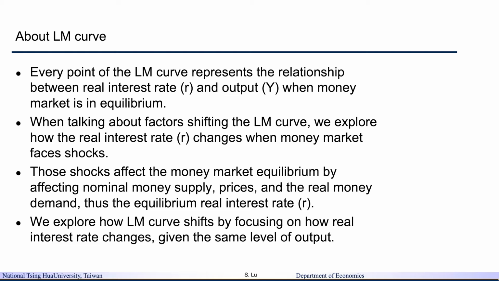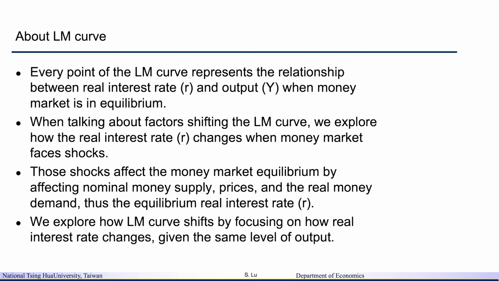So here we say that every point of the LM curve represents a relationship between the real interest rate R and output when the money market is in equilibrium. Then when we are talking about the factors shifting the LM curve, we want to see how the real interest rate changes when the money market faces a shock.